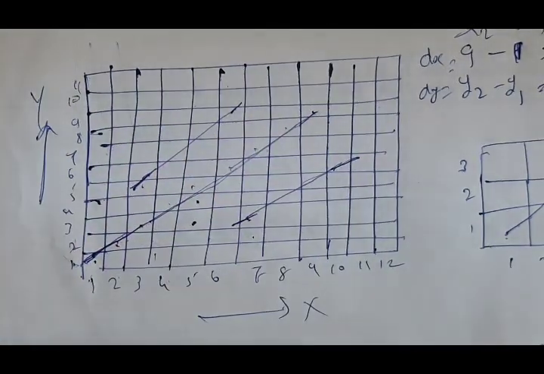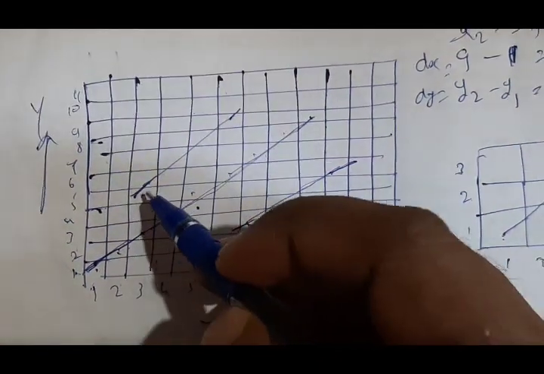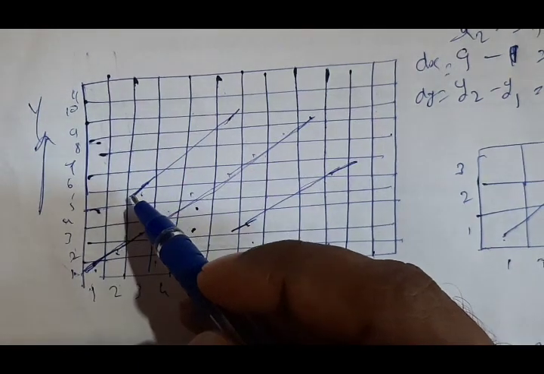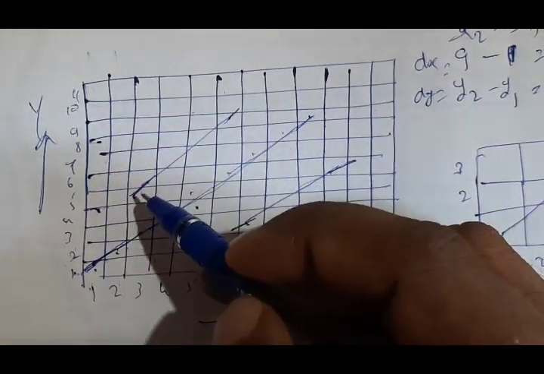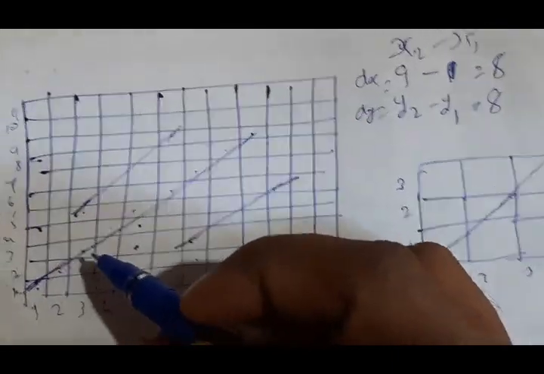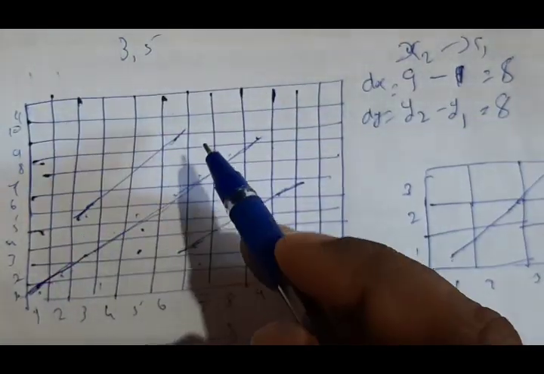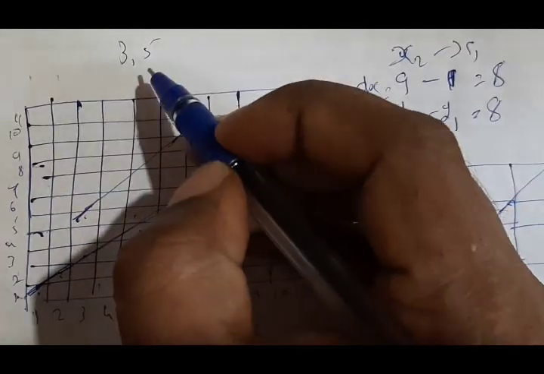Clear, no? If the slope is more than 1, what happens here? What is the dy here? Here we have 3 comma 5, and what about this one? 6 comma 10.